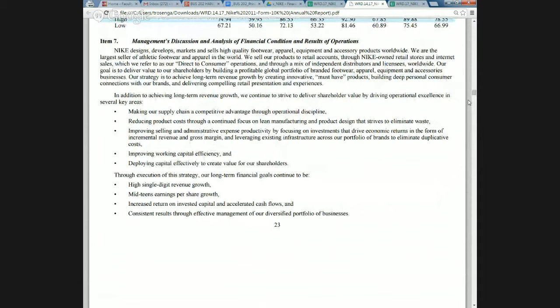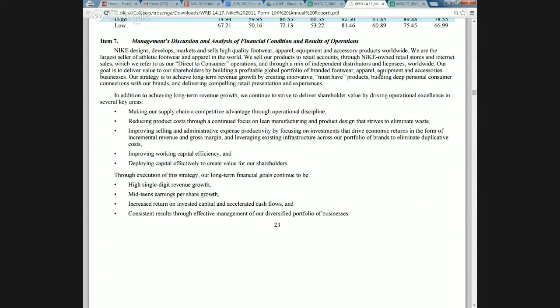What the management discussion and analysis of financial conditions does is summarize why the company performed well in certain areas, what the challenges were for a particular company, and some of the assumptions that the company is using as it projects its budget and its financial statements going forward.